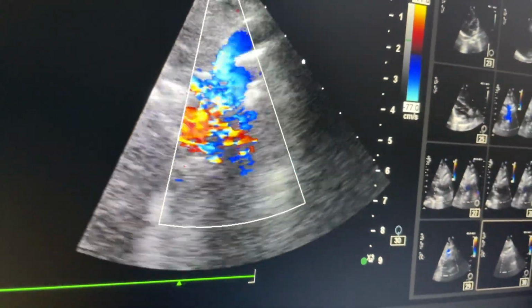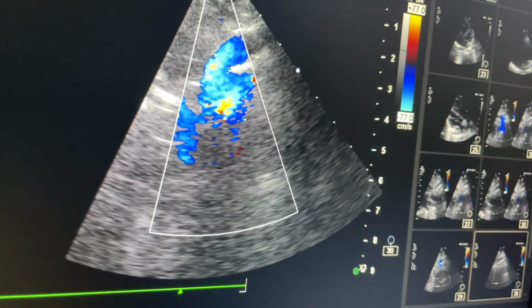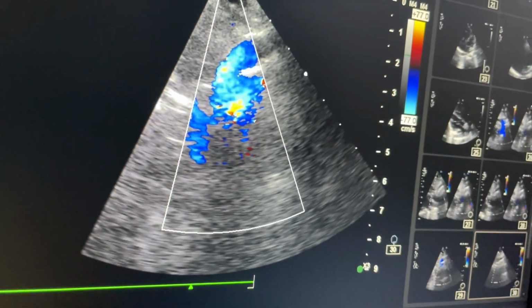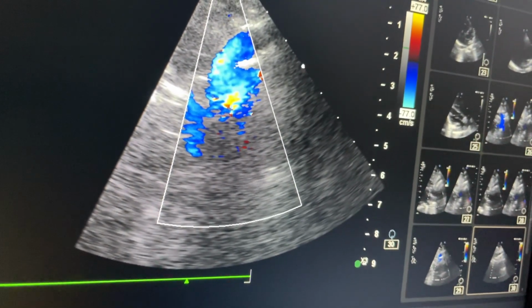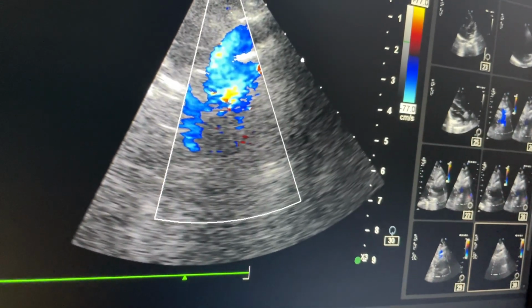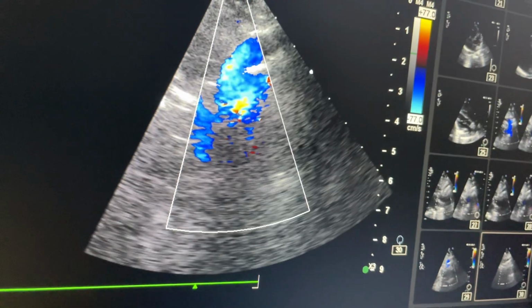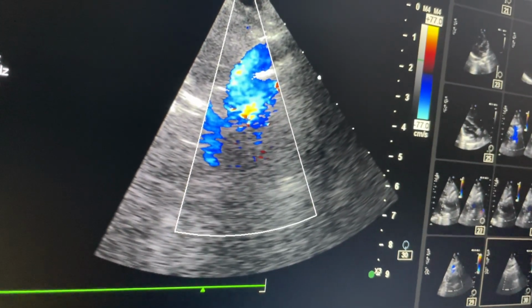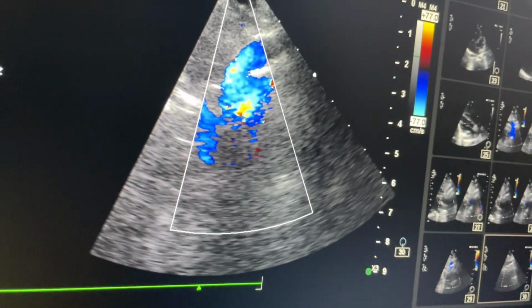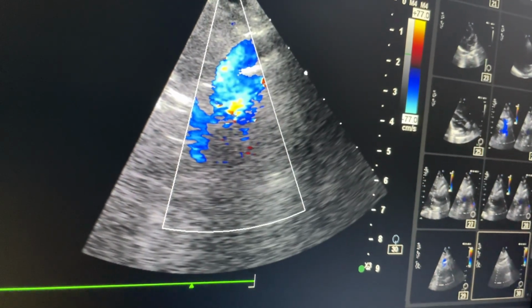So the only thing you see, this is the flow within left-sided vena cava. That is the structure that is lateral to descending aorta. Flow is blue, that means flow is going towards the heart. So this is the flow of left-sided vena cava.